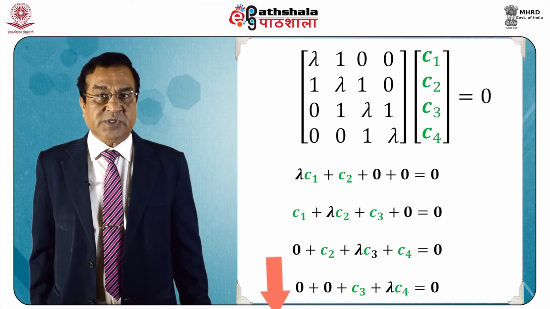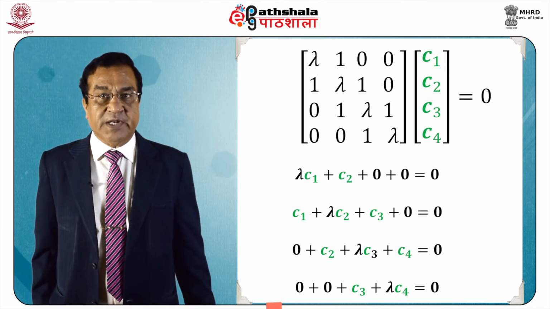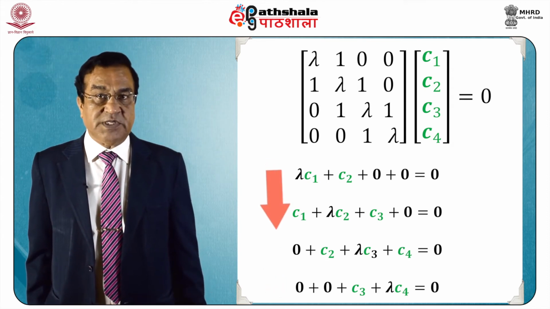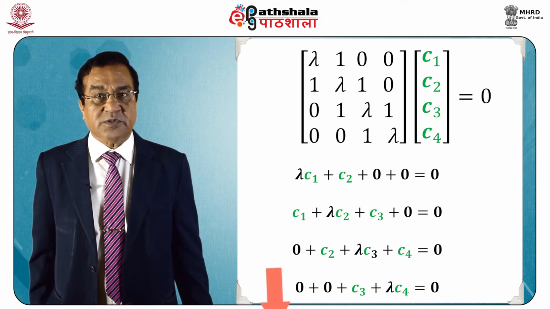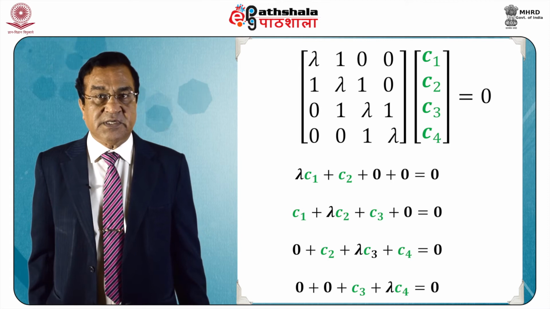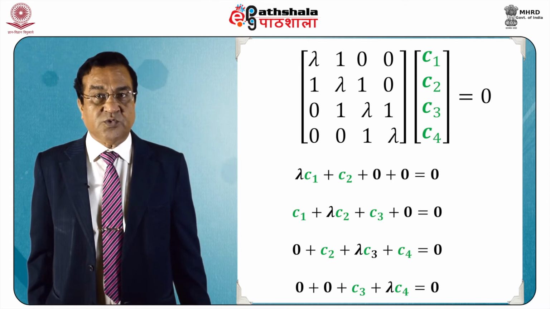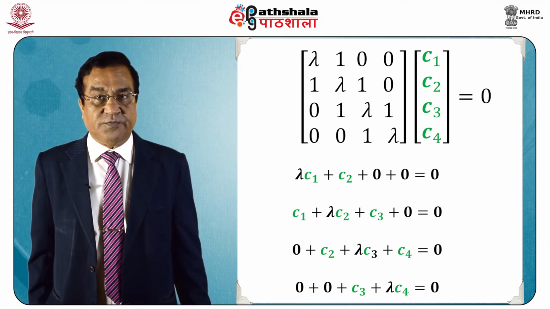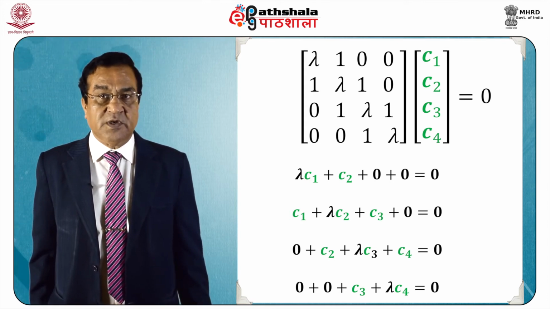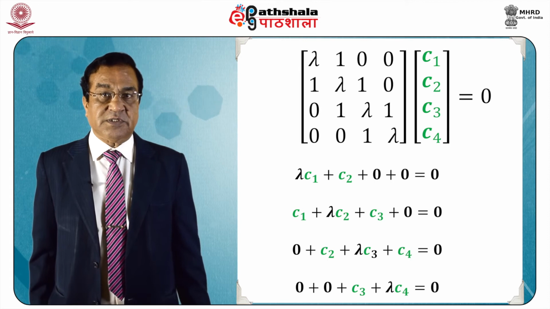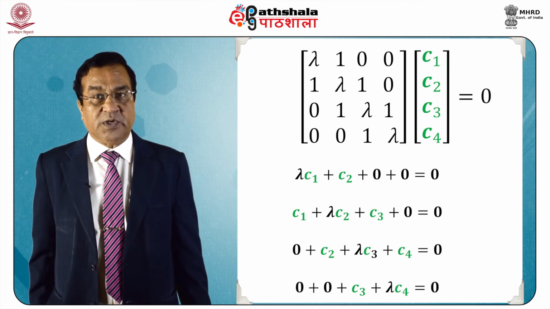So by substituting each lambda value, we can solve these 4 equations and get the corresponding values of the 4 coefficients C1, C2, C3 and C4. And once we have the values of these coefficients, we will have the wave functions for the corresponding molecular orbitals.